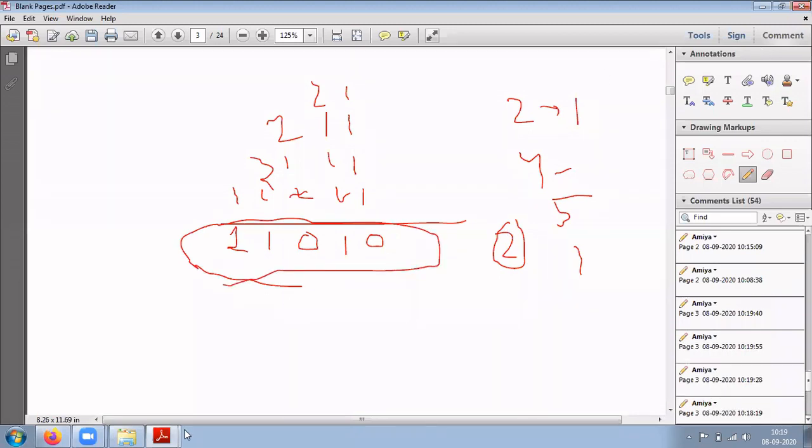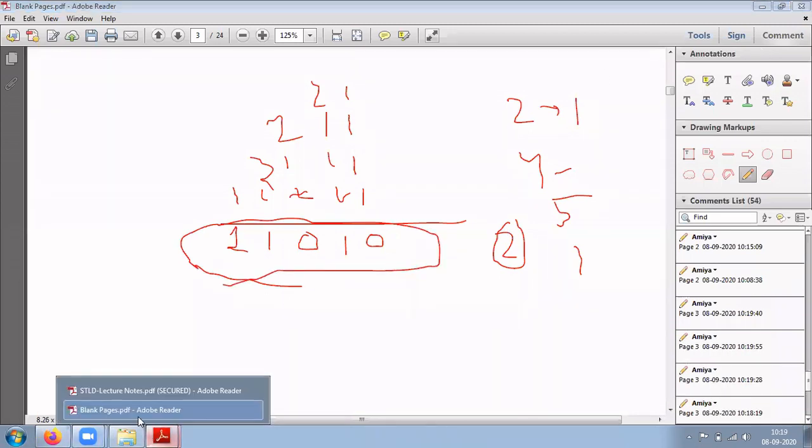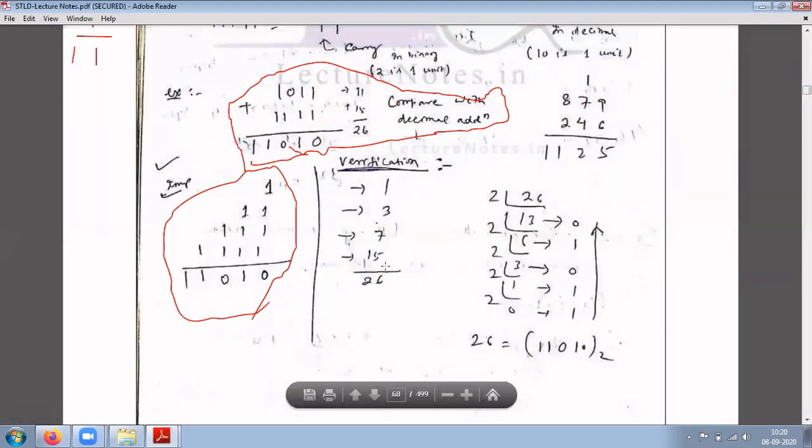See, the simple way: if you have made a mistake, do not worry. You can verify it.